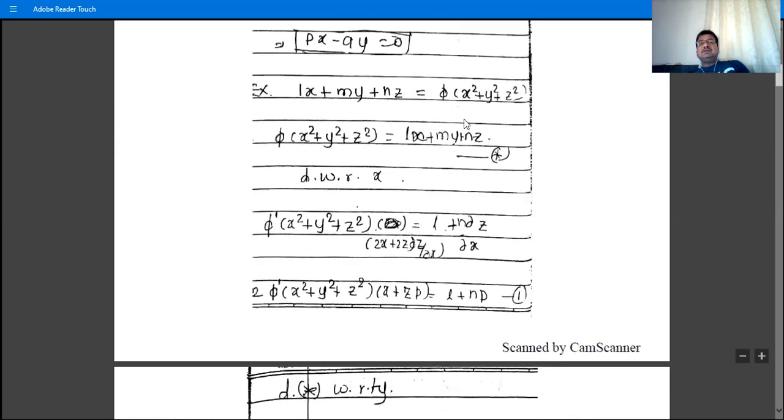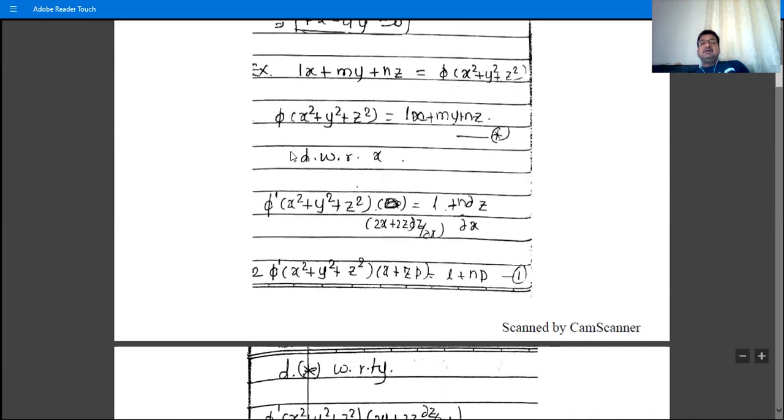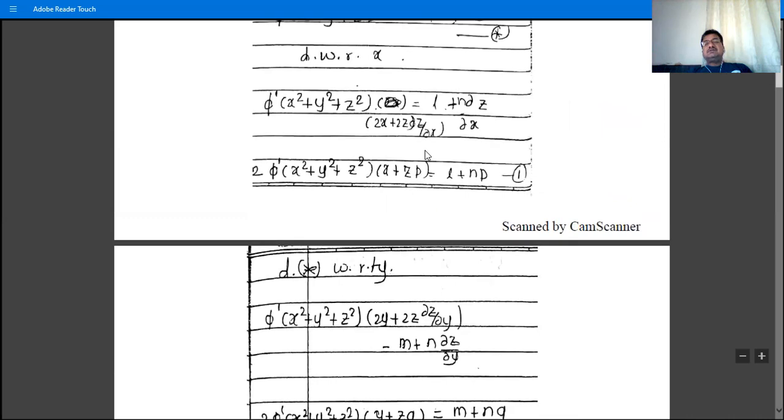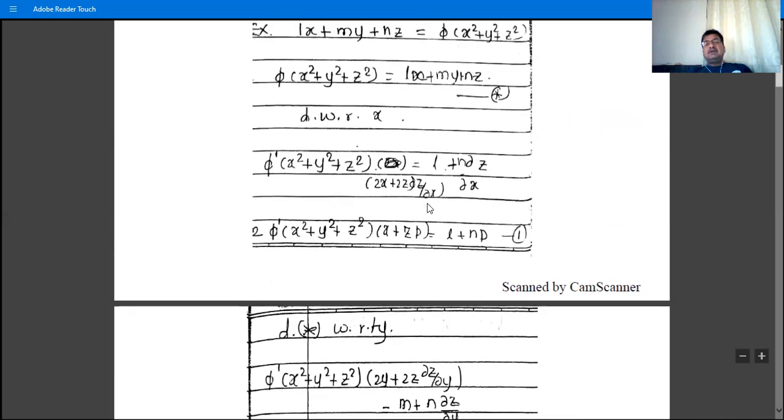Then differentiate this equation with respect to y. So phi dash (x square plus y square plus z square) into the derivative of this bracket with respect to y. The derivative of x square is 0 with respect to y, the derivative of y square is 2y, plus the derivative of z square is 2z dz/dy. Because remember that x and y are independent variables and z is a function of x and y. So the derivative of z square with respect to y is 2z dz/dy.